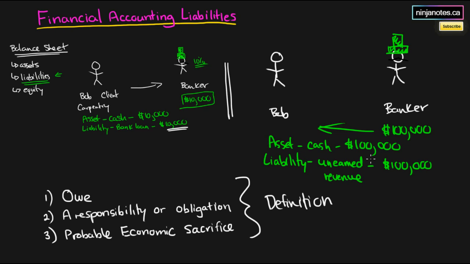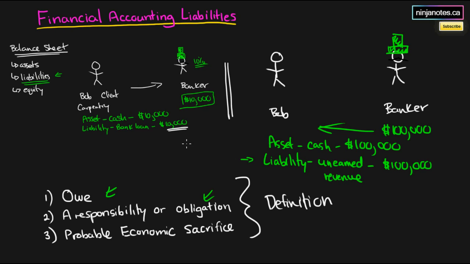The reason it's a liability is because you owe him a service, you owe him that house, and you're obligated to provide that house, or the banker is going to get his money back. So that is why unearned revenue is a liability, and that is why we take on a liability when Bob receives this money up front. And once Bob actually finishes the construction, we'll see that this liability turns into revenue, but that's really not for this tutorial. I just wanted to show a little bit more complex form of a liability.